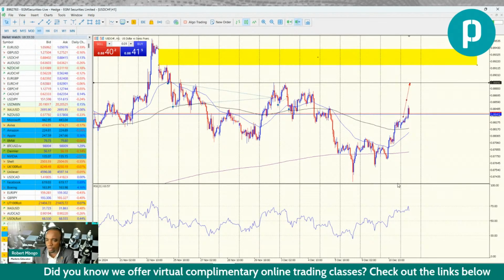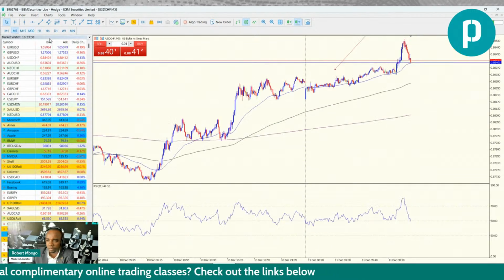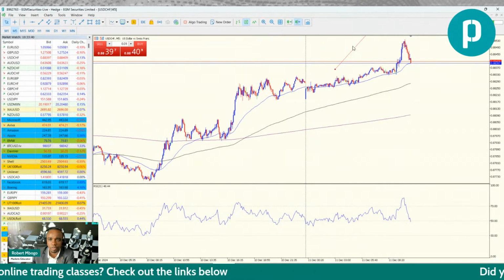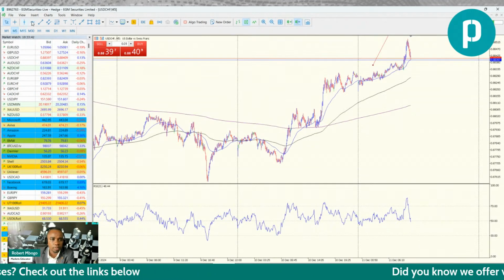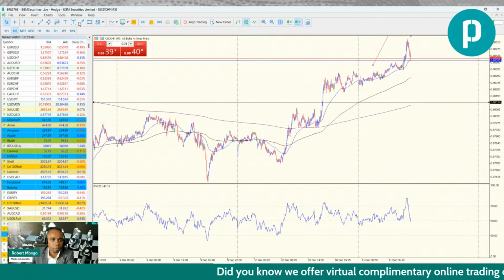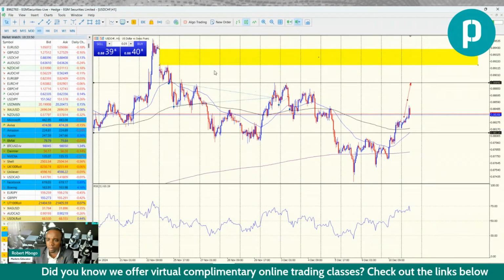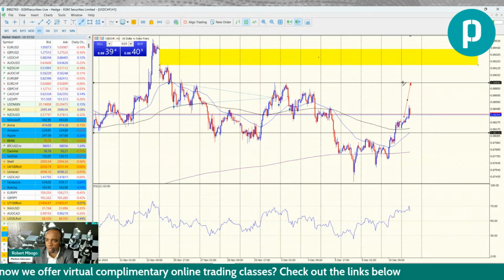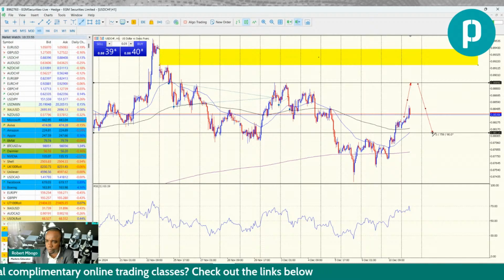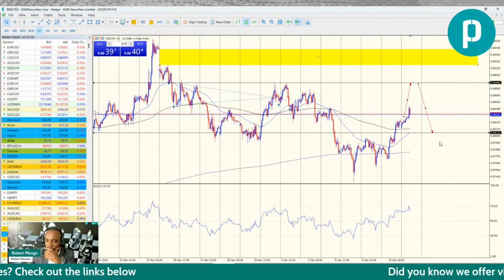So I'll still want to see this trade hit those areas. So maybe this bearish push before continuation of the bullish trend.